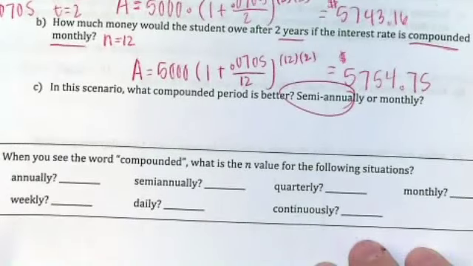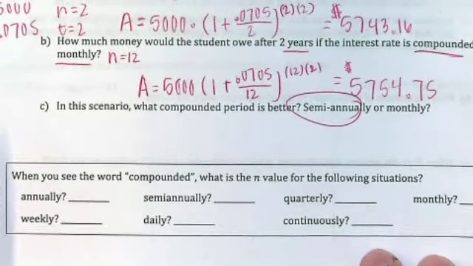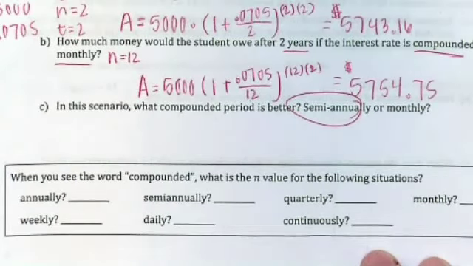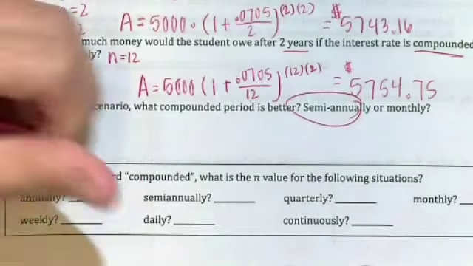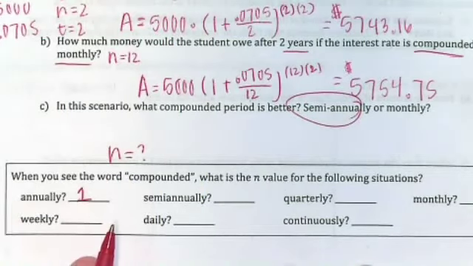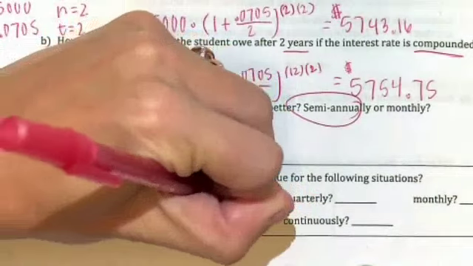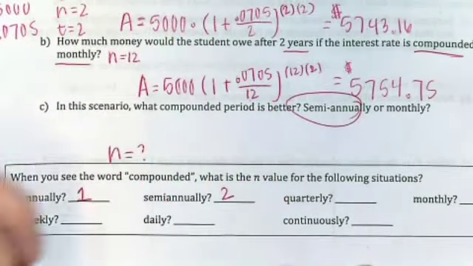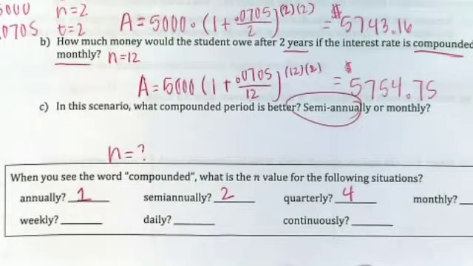Okay. So really quick, here's a little cheat sheet for you, if you want to call it that. Annually, this is what N would be. If it uses the word annually, N is 1. Semi-annually, N is 2. Quarterly, N is 4.